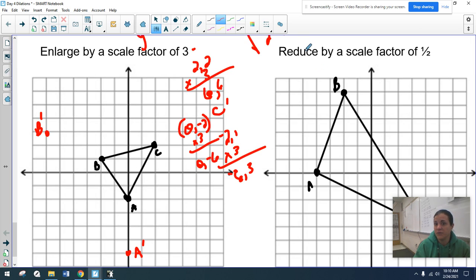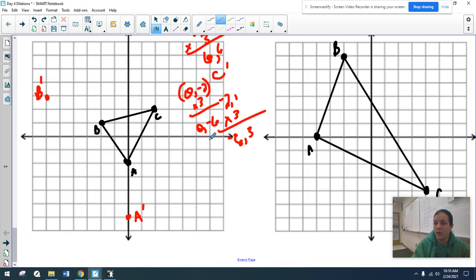This one over here is reduced, so it should be a smaller picture when you're done. And it says by a factor of 1/2. So B is -2, 6. And if it's reduced, you're still timesing by 1/2. Basically, you're cutting them in half, so that's going to end up being -1, 3. So that's going to be my B prime.